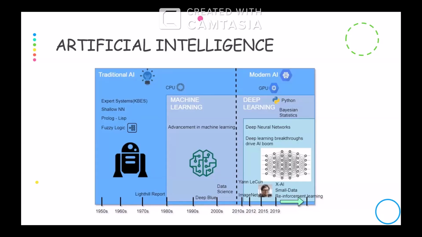Because the trust on this particular domain was gone, because the artificial intelligence was not even able to solve simple mathematical problems we solve with very little effort.